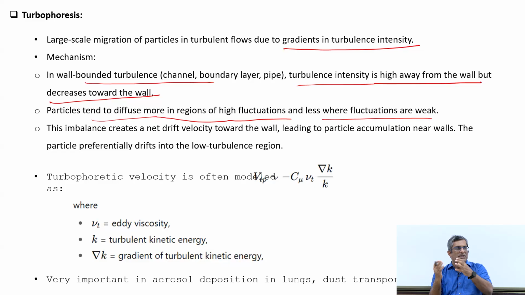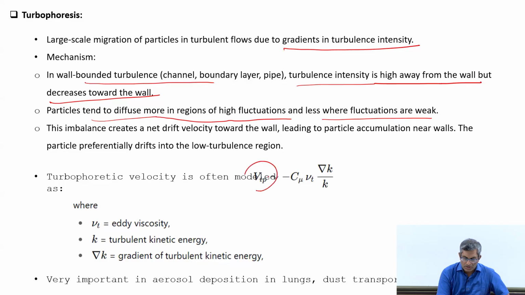So, the particles tend to diffuse more in regions of high fluctuations and less where fluctuations are weak. So, the particle diffuses more in the high turbulence region compared to the low turbulence region, and this causes an imbalance and the particles are drifted towards the wall, leading to preferential accumulation near the wall.